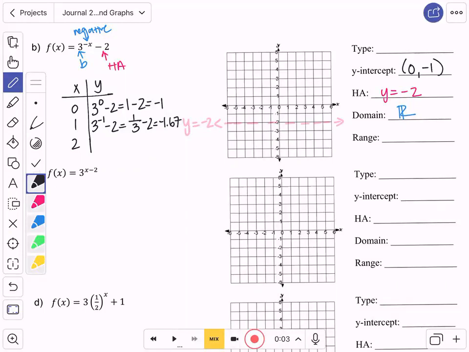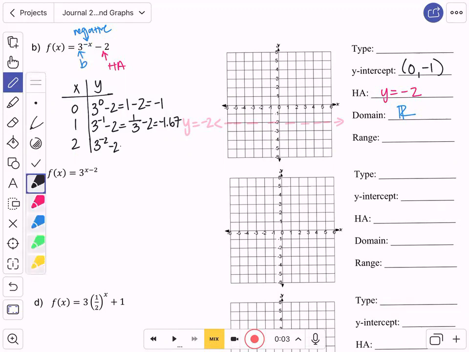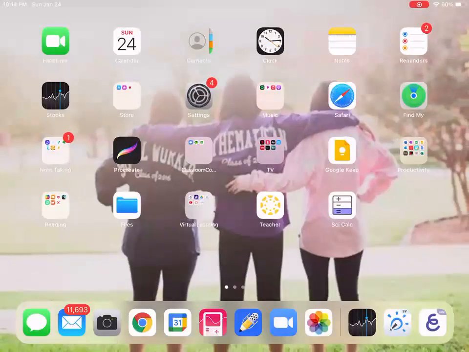And then I'm going to be plugging in 2, so that's 3 to the -2 minus 2. So this is going to be 1/3 to the second power minus 2, which is equivalent to 1/9 minus 2. So if I plug in 1/9 minus 2, just showing how to use that on the calculator one more time.